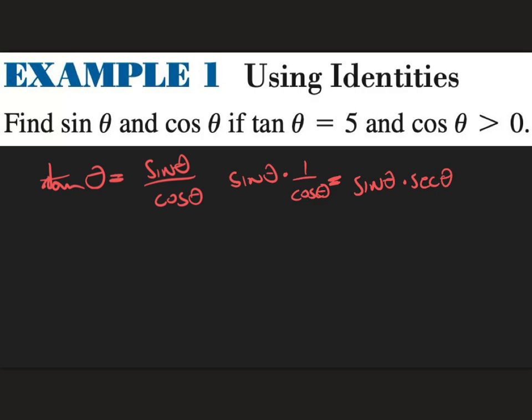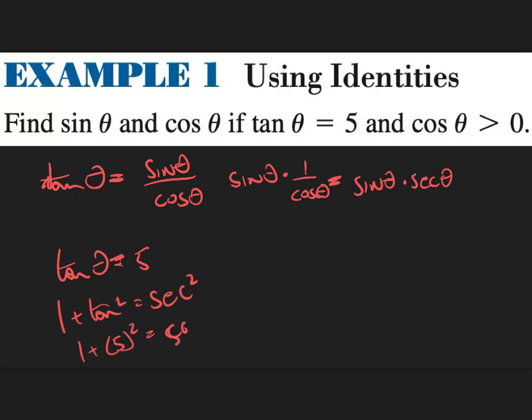Okay, so now the tangent of theta equals 5, and using one of our square identities, 1 plus the tangent squared equals the secant squared, then 1 plus 5 squared equals the secant squared.